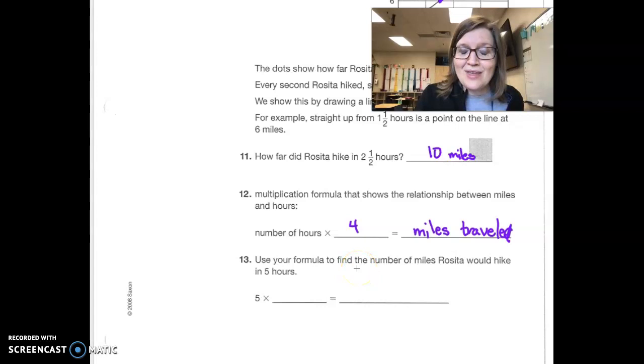They want you to answer, how far will she travel in 5 hours? So if she goes 4 miles in 1 hour, then for 5 hours we would multiply by 4. So we can tell in 5 hours she would travel 20 miles.